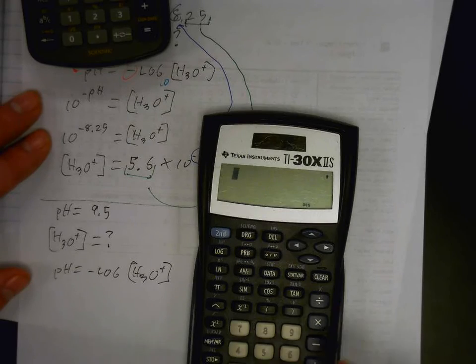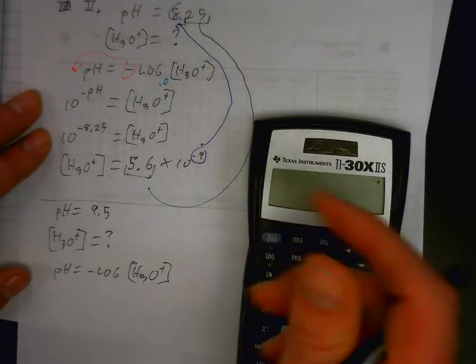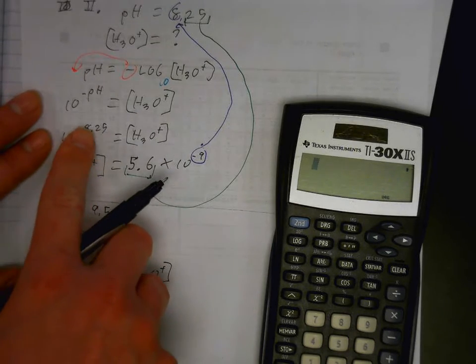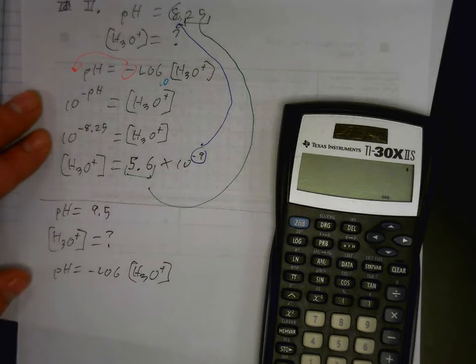Keep in mind, though, as with the last example, you're going to have to put in a negative value.